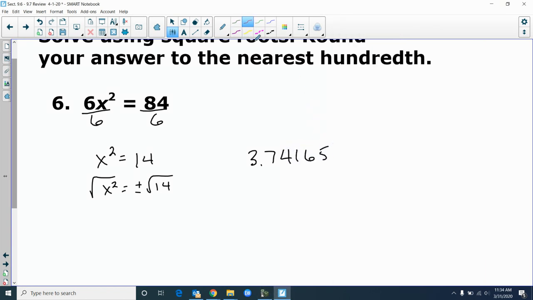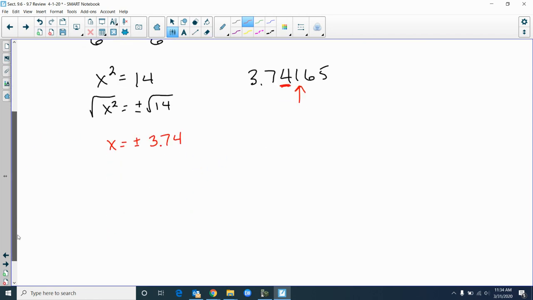This is the hundredth spot, so you look to the right of it. And if it's 5 or above, you move the 4 up. And if it's 0 or 4 or below, you leave it alone. So your x is going to equal plus or minus 3.74.